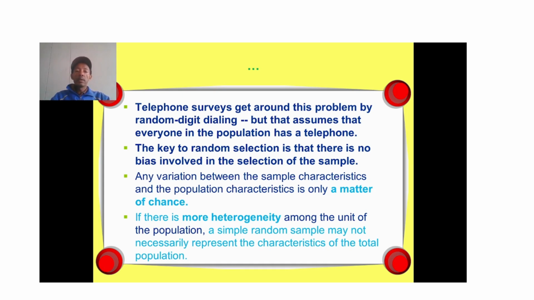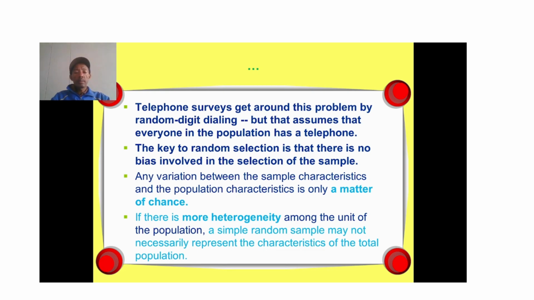Any variation between sample characteristics and population parameter is a matter of chance. Therefore, if there is more heterogeneity among the units of the population, a simple random sampling may not necessarily represent the characteristics of that population. Therefore, there should not be this heterogeneity. For us to use simple random sampling, the population must be homogeneous.